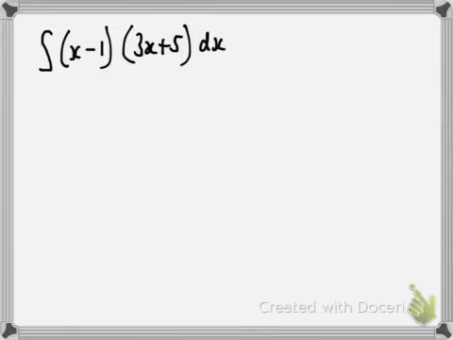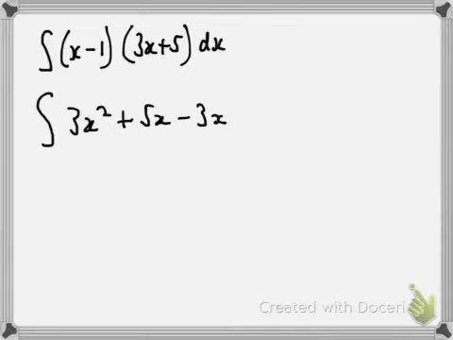There's another example. Next one. What we'd have to do here first is remove the brackets. So we get 3x squared plus 5x minus 3x minus 5 dx.